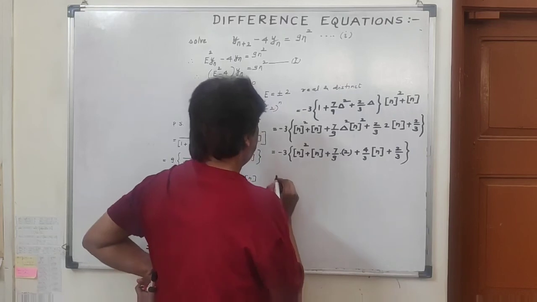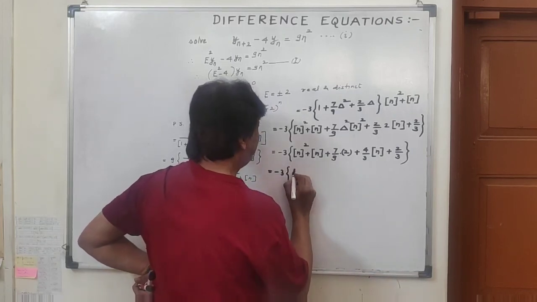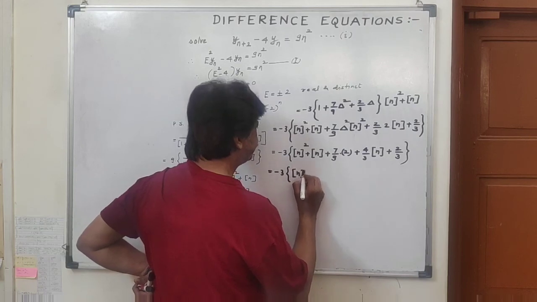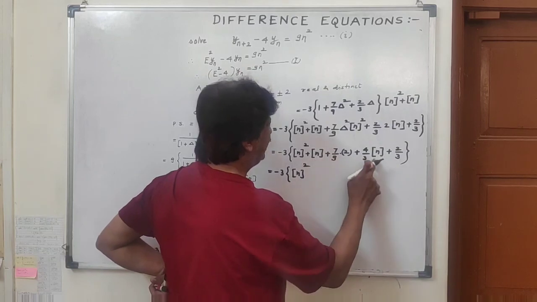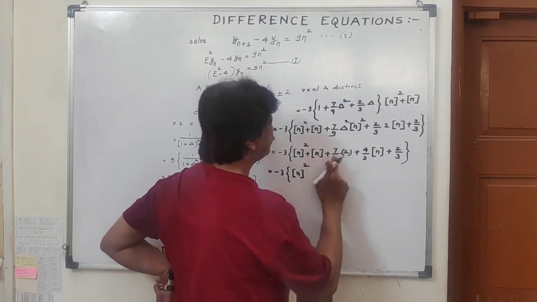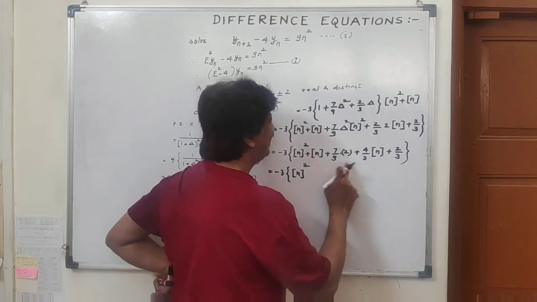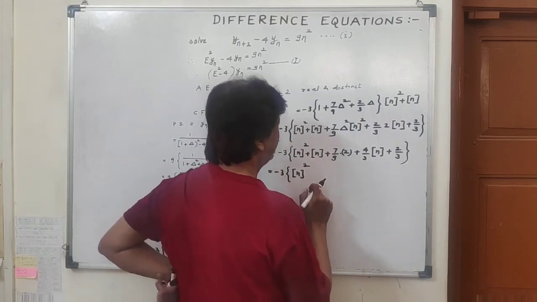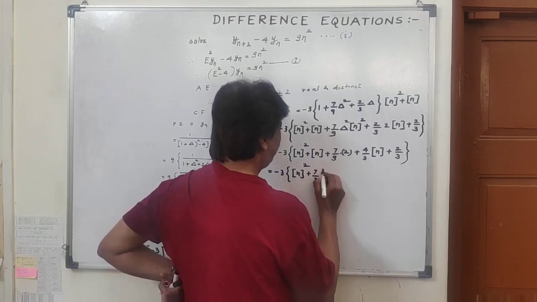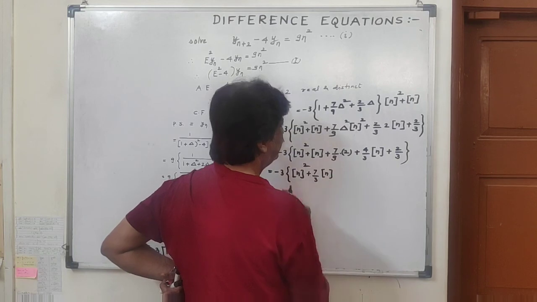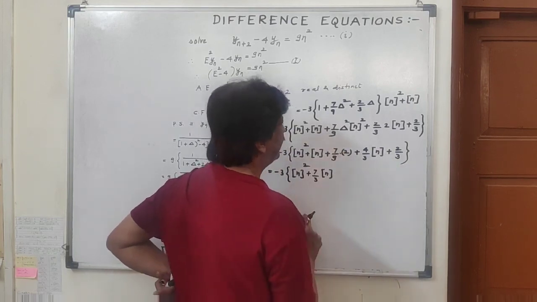So that is equal to minus 3 times factorial n square. Now how many factorial n are there? 1 plus 4 by 3 is 7 by 3, plus 7 by 3 factorial n, 14 by 9 plus 2 by 3.